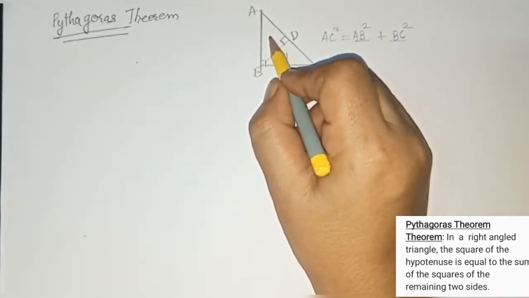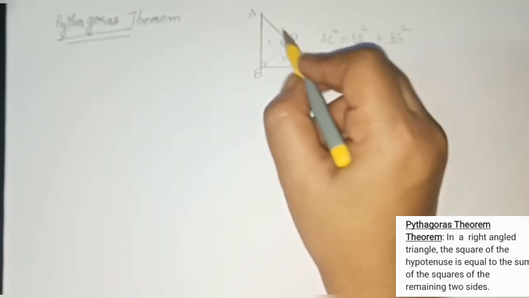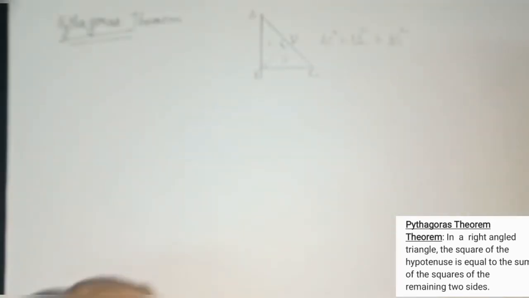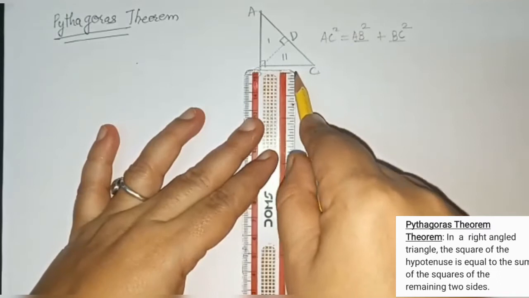That is, triangle ABC is similar to triangle ADB. So this result we are going to use in this theorem. So let us start with the theorem now. So first thing, what is given to us? I'll just make two parts of the paper so that you will get the whole theorem in one view.